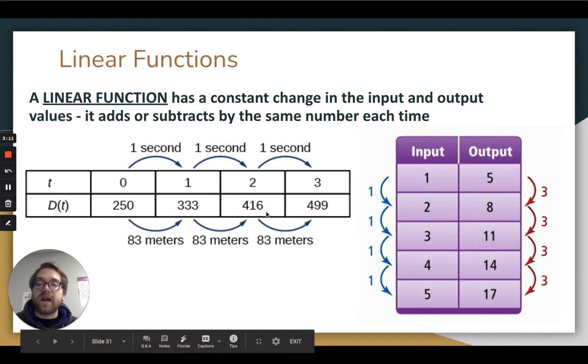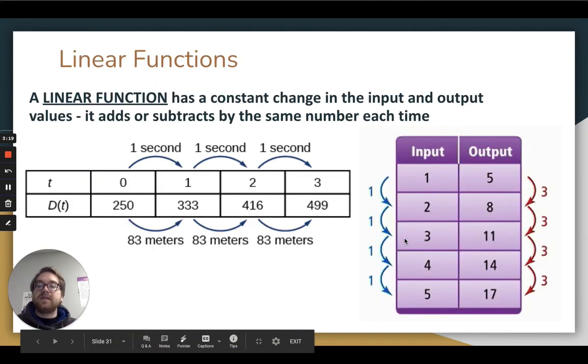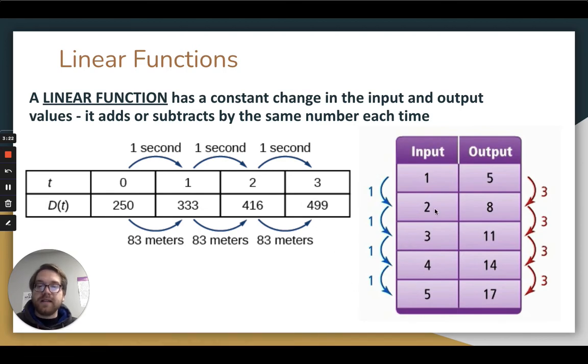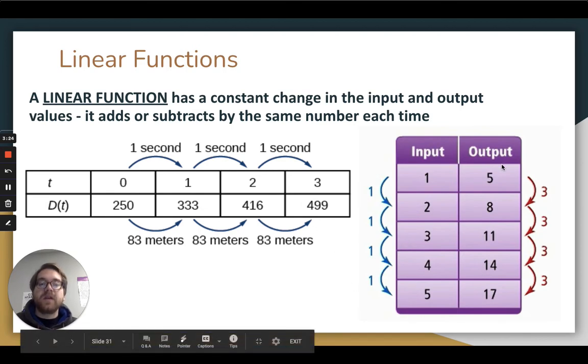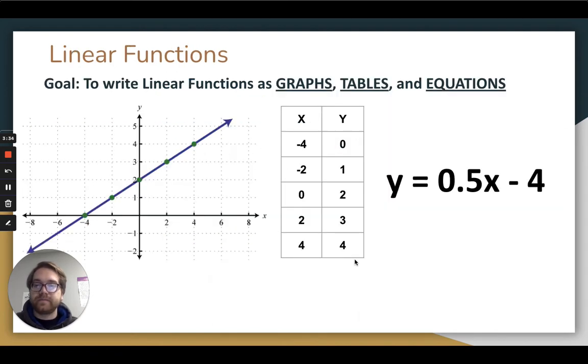And if we were to graph either of these, we would see it forming a straight line. All right, so when we're talking about linear function, that's all we're talking about. It's a set of values that are related, like what you're seeing here in these tables, where they're increasing or decreasing at the same rate. Okay? They're going to form a straight line. That's a linear function. If it forms a straight line, that's a linear function.